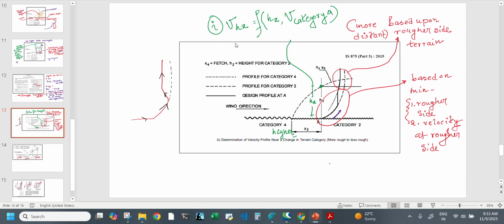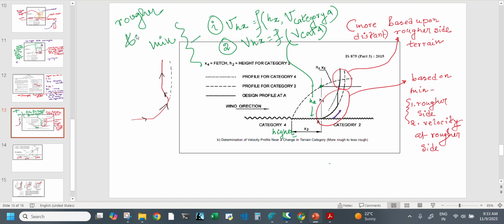This is 1 point, and Vhx is equal to F category 4. So the minimum of these two is taken whenever the wind flows from the rougher terrain to the less rougher terrain.